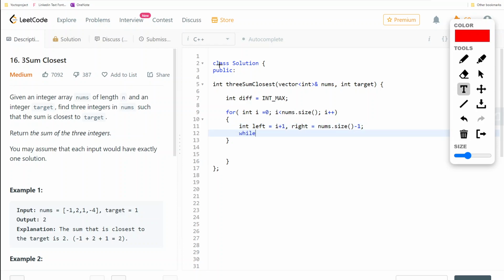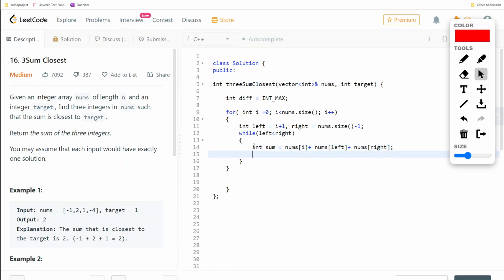Now we are required to check that left should be less than right so that it is inside the bound of three numbers, right? So first we will be going ahead with that sum. So sum equals nums of i plus nums of left plus nums of right.